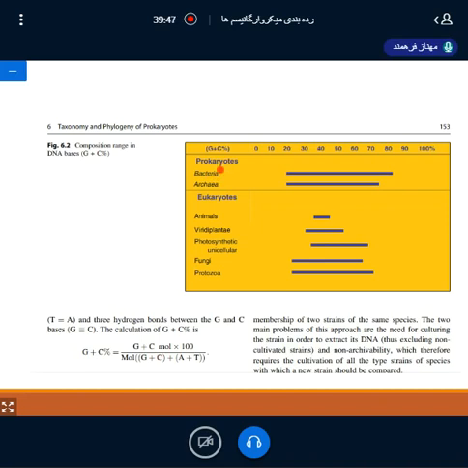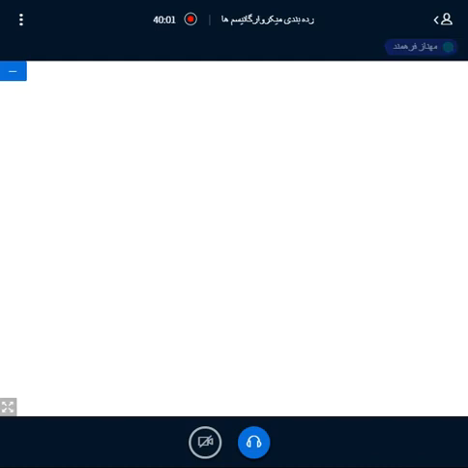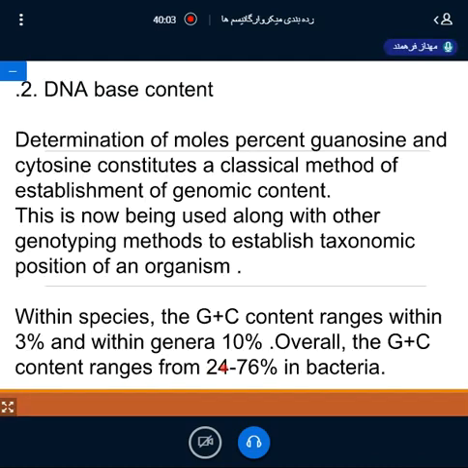You can see here prokaryotes, we taught that 24 up to 76. Okay, do you remember the previous part? Here we taught 24 up to 76.